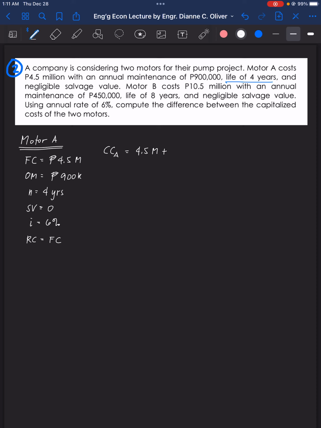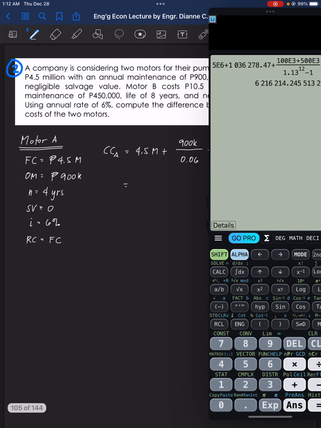So for the capitalized cost A, that is the first cost, 4.5 million, plus the maintenance OM over I, since it's in perpetuity, 900K divided by 0.06, plus the replacement formula using RC is equal to FC, that is 4.5 million minus 0, since we don't have any salvage value, all over 1 plus 0.06 raised to the life of 4 years minus 1. So that's the formula.